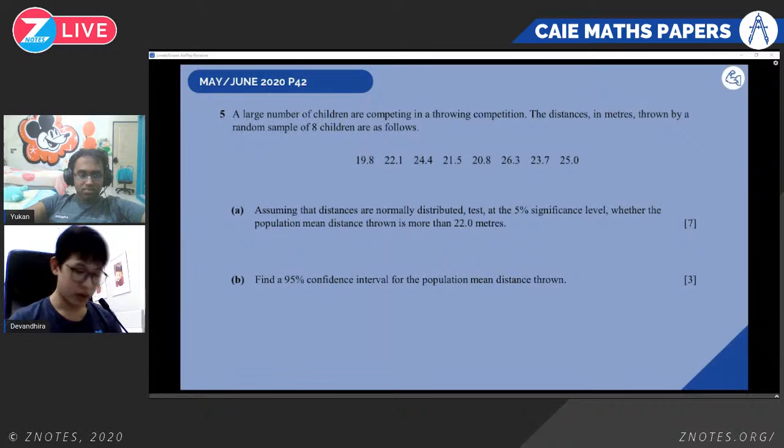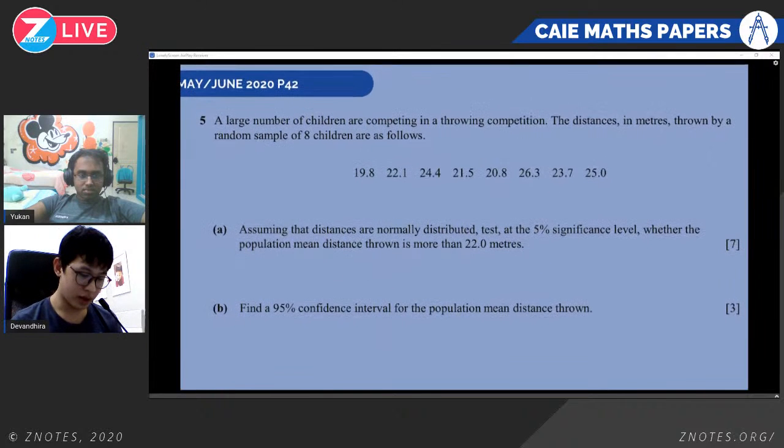Right. So here's the thing. They say that we assume that their distances are normally distributed, but they only give us 8 samples, which is technically not enough for normal distribution. That means we have to use our t distribution, because the t distribution gives us the possibility to play with a small number of samples.